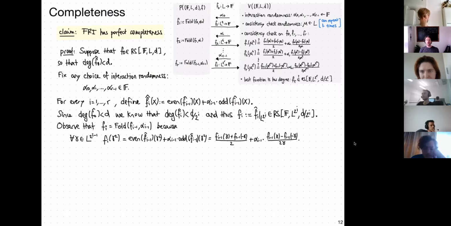And then f_i is a folding because it satisfies precisely the equation that made us define the whole thing. And then the consistency tests that we check will always hold, because we check everything according to the plan.